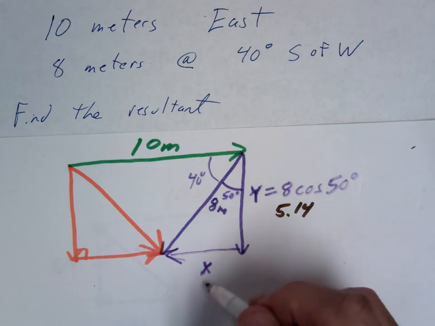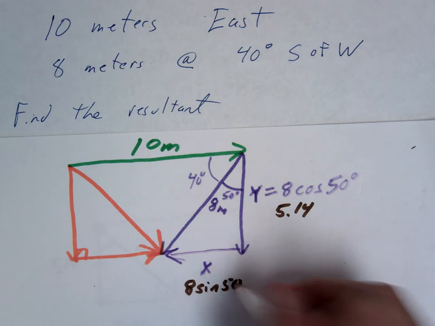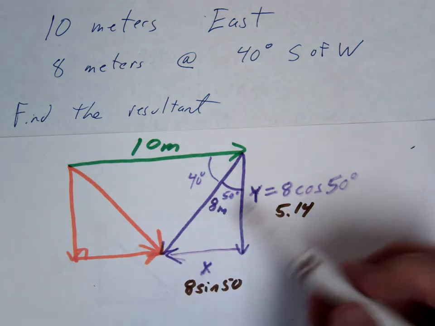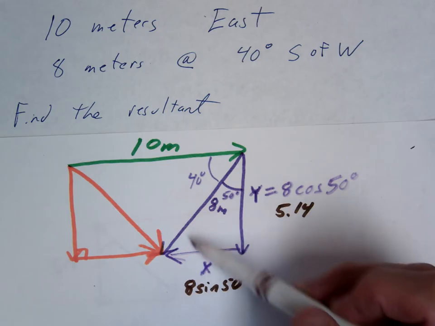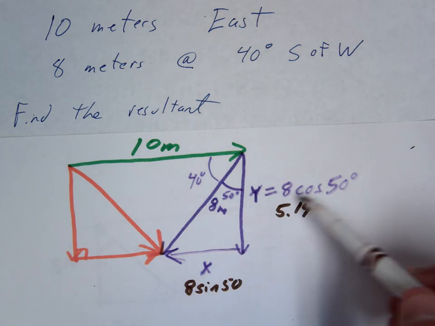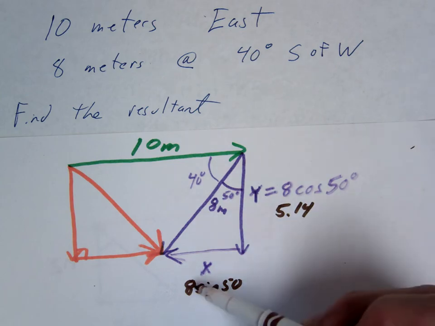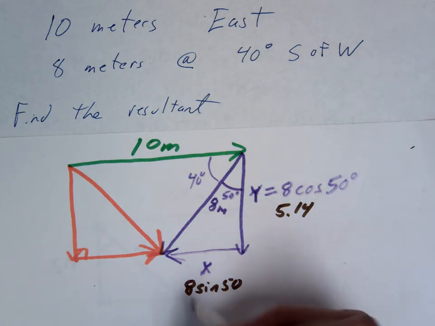This is going to be opposite, so what's the shortcut? 8 sine of 50. And notice if you would have used this angle here, 40 over here, this one would have been 8 sine of 40, and this one would have been 8 cosine of 40. But remember, with complementary angles, the sines and the cosines give you the same value.